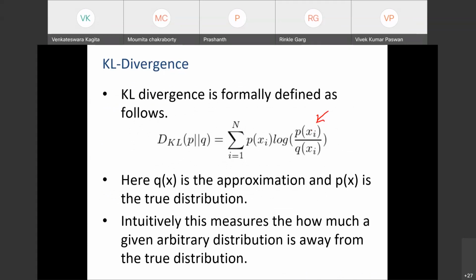Tentatively, this means how far a given arbitrary distribution is from the true probability distribution. So we want to estimate how this Q of xi is different from P of xi. Q of xi is the predicted probability distribution and P of xi is the true probability distribution. So we use the concept of KL divergence.